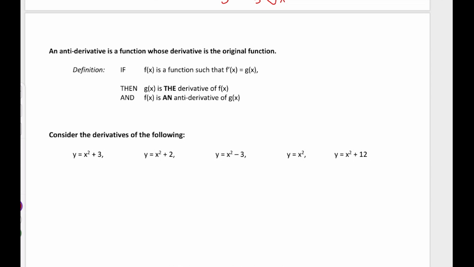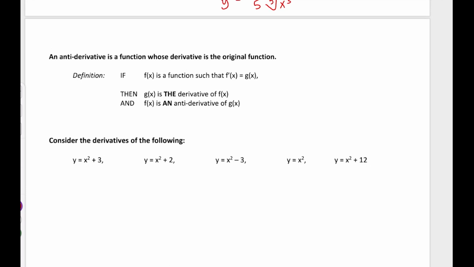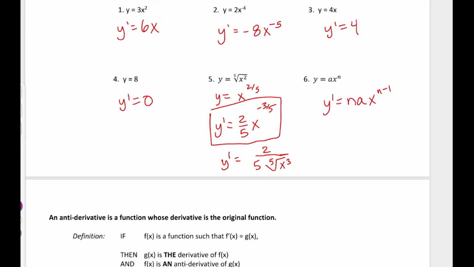An antiderivative is a function whose derivative is the original function. Let me be a little bit more clear about that. Let's go back to here.